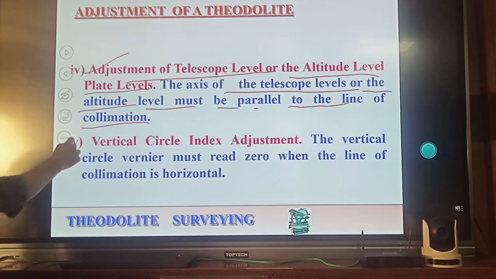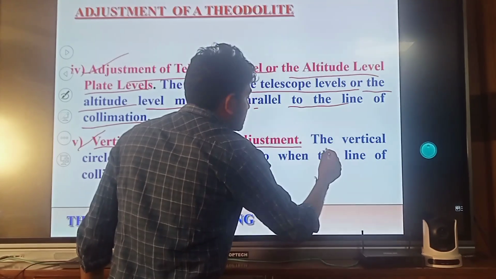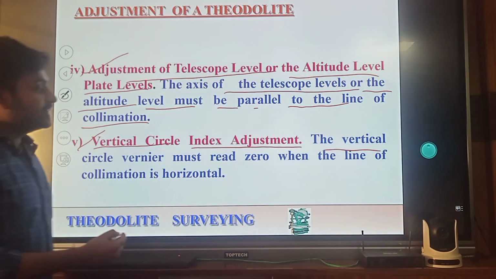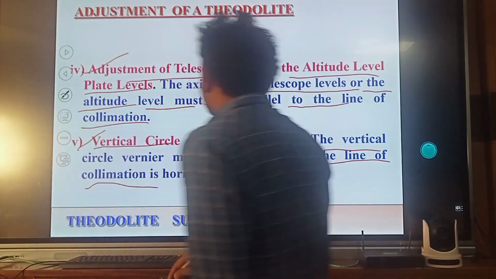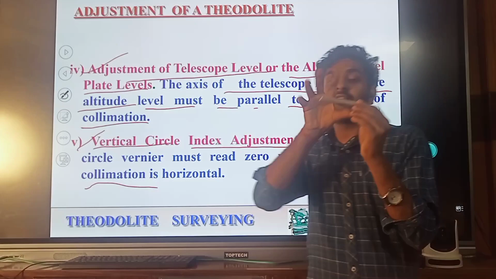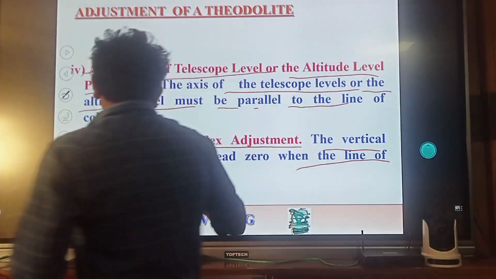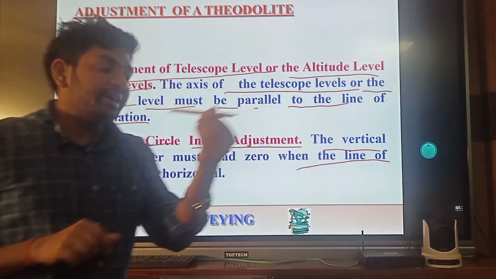Then next is point 5, the vertical circle index adjustment. The vertical circle vernier must read 0 when the line of collimation is horizontal. When the line of collimation is horizontal, the vertical vernier always shows a 0 reading.